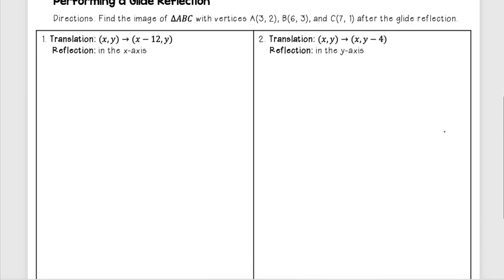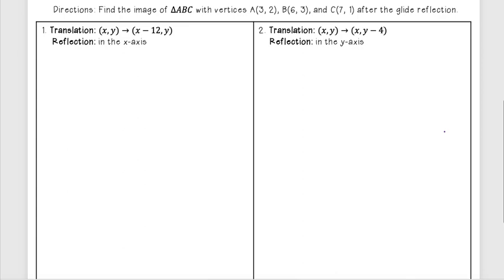So I have the image triangle ABC with these vertices, and I want to find the image after this glide reflection. And so kind of like how we did the composition, I'm going to just start with my first vertex and then go from there. And so for this first one I have a 3, 2. And my first step is I am going to translate it.